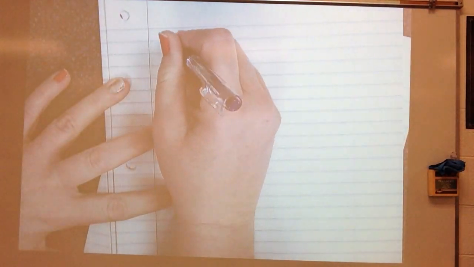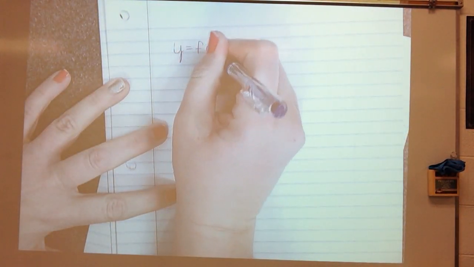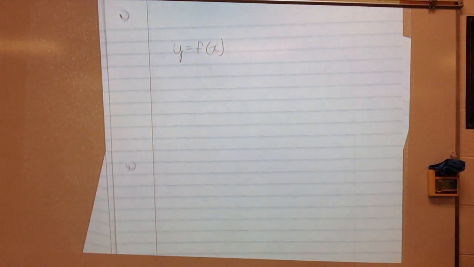So we have what we call the function notation, and a lot of times you're going to see it written like this. And we read that as y is equal to f of x, or the value of f at x. Alright?